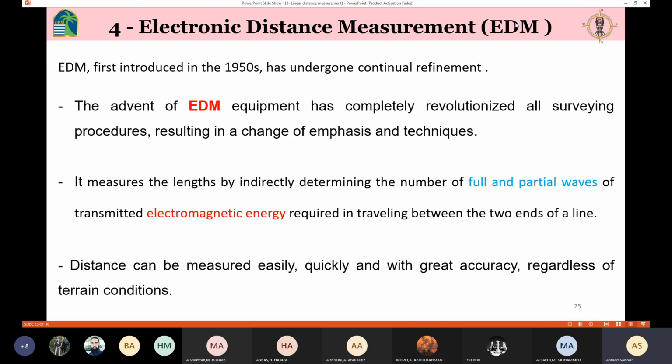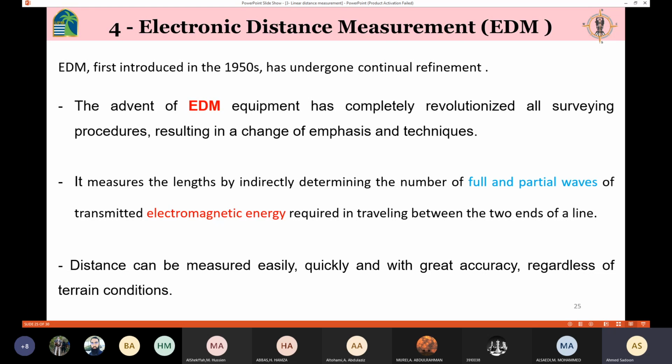In case you are going to use EDM, the distance can be measured easily, quickly, and with great accuracy, regardless of the terrain conditions. Sometimes the terrain conditions could be very difficult. You are measuring through rivers or you are measuring through valleys. So if you are going to use those traditional methods, it's going to be very difficult for you to get done with the measurement.